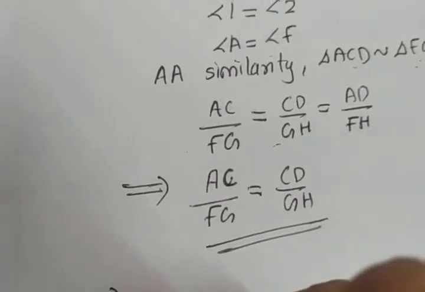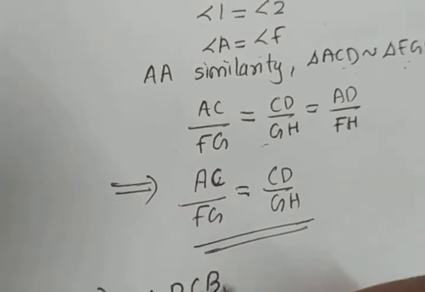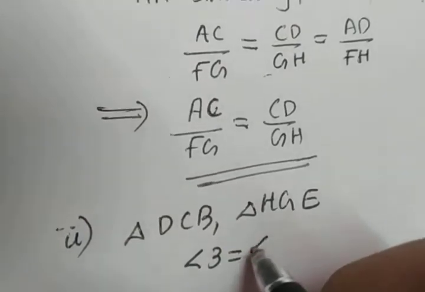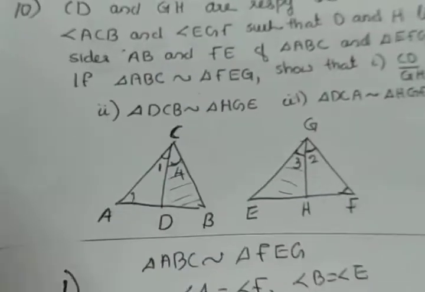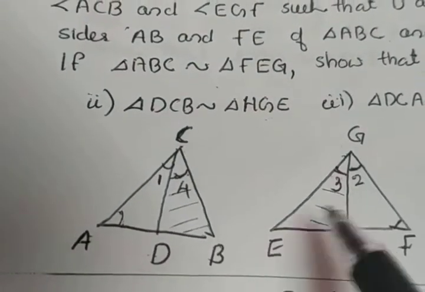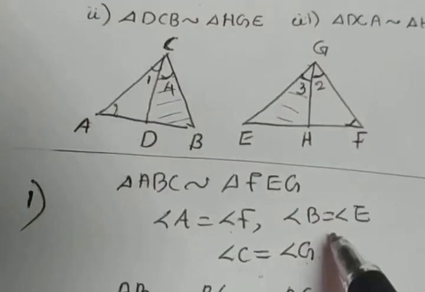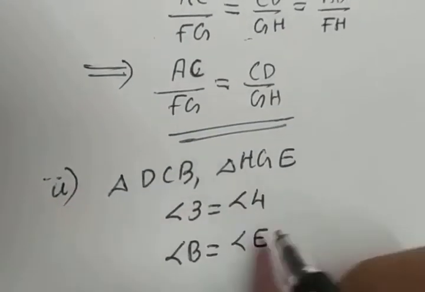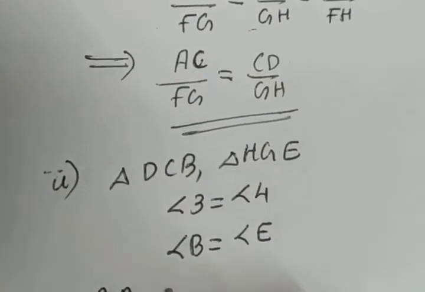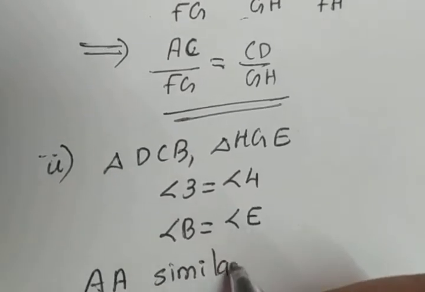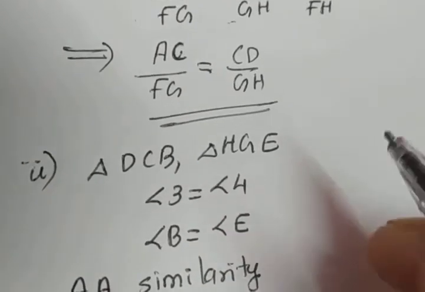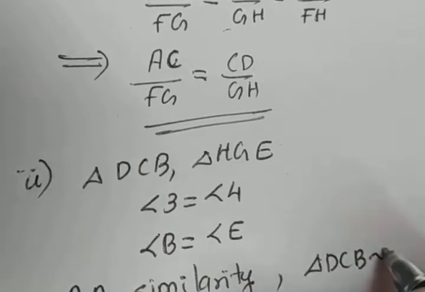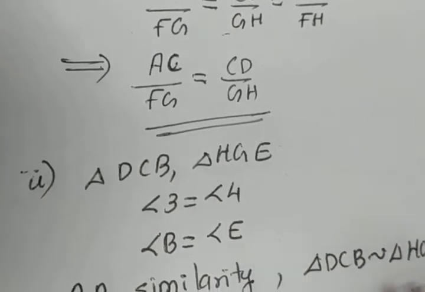Again, for the shaded triangles, angle B is equal to angle E, as given in the question. Therefore, by the AA similarity criterion, triangle DCB is similar to triangle HGE.